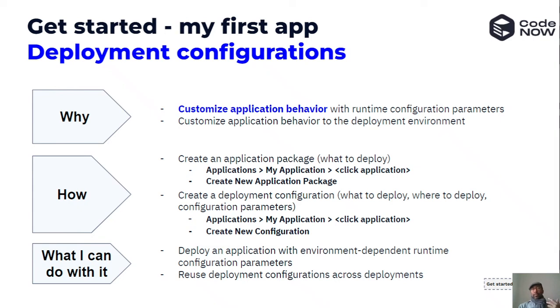So you would have a deployment configuration file with a runtime configuration parameter, which would hold this message, and this message would be configured differently according to where you are deploying, to which user you are deploying the application.